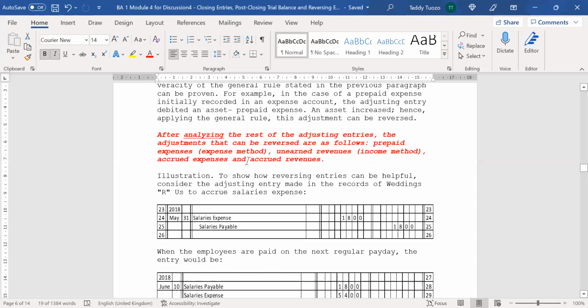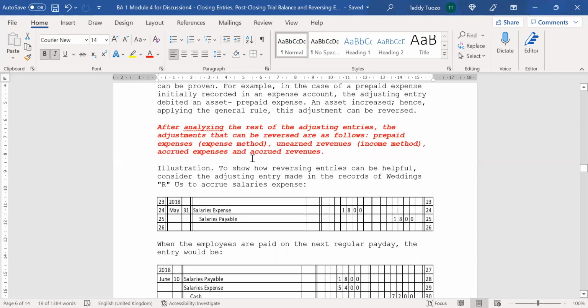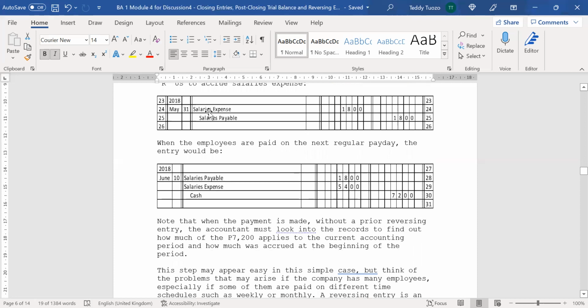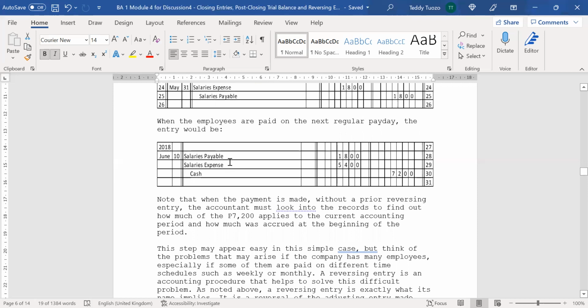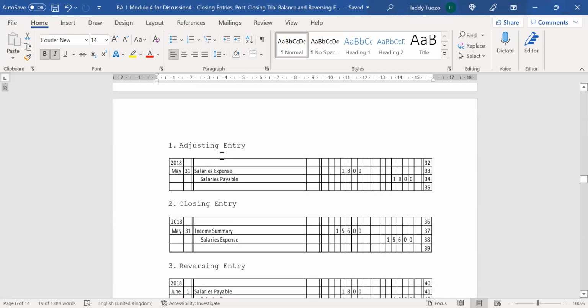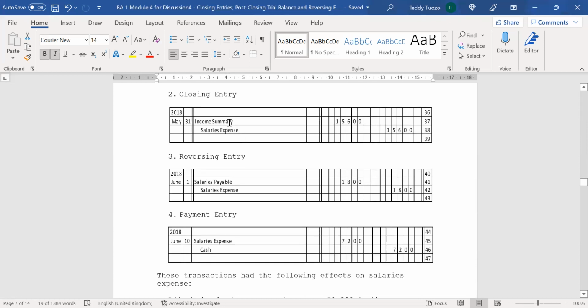So I only take up with you accrued expenses and accrued revenues. So atong salaries expense, the adjusting entry is a debit to salaries expense and credit to salaries payable. So the reversing entries would be a debit to salaries, or actually dili, we have the reversing entries diha.